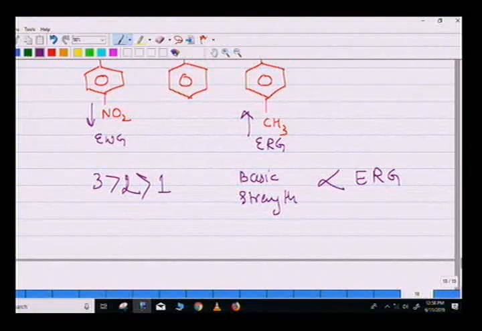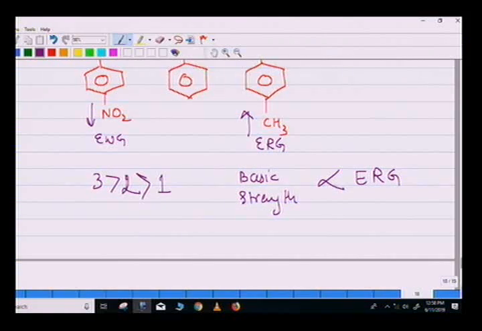Do write these things, everyone, okay? So basic strength will be directly proportional to electron releasing group. The more electron releasing groups there are, the more the basic strength. Clear? Okay.